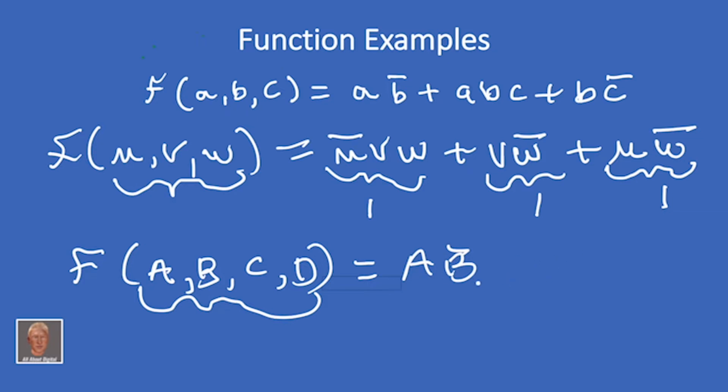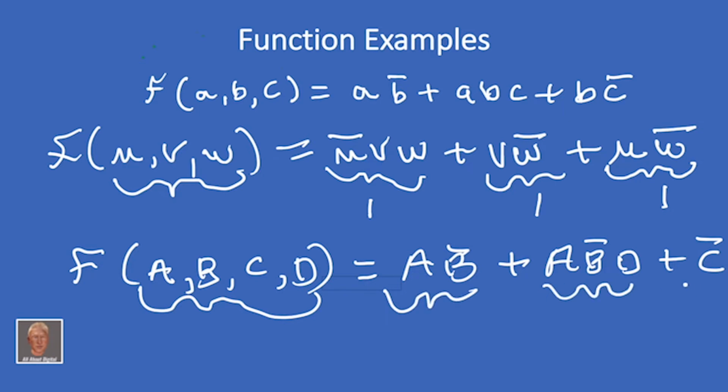So we're going to do A, B bar, that's our first term. Then we're going to do A, B bar, D plus C bar. Okay, so there's one term, there's another term, and then there's another term. So in each of these terms, you don't need all the variables. You can have a subset of those variables. You can have A or B, whatever you want. Okay, so this is another example of a function.